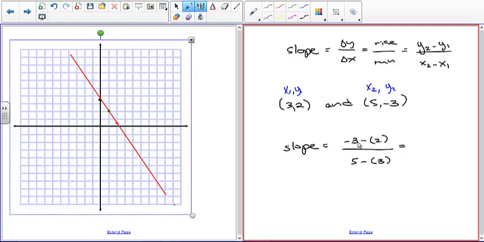So here we have negative 3 minus 2, which is negative 5, over 5 minus 3, which is 2. So the answer is negative 5 halves. So that's the slope of the line passing between these 2 points. And if you switch these two, you'd get 5 over negative 2, which is still negative 5 halves.